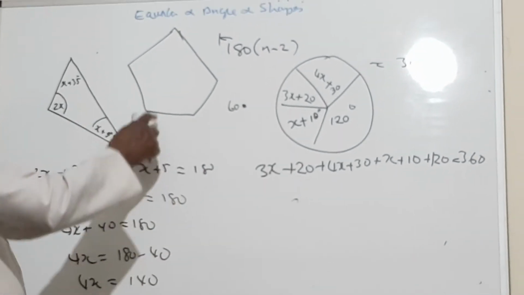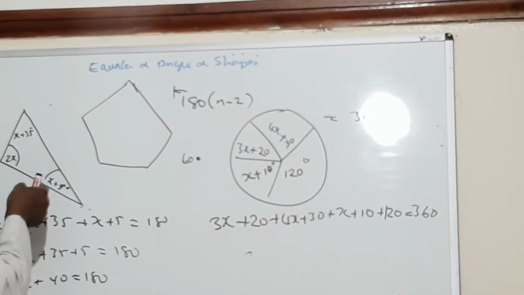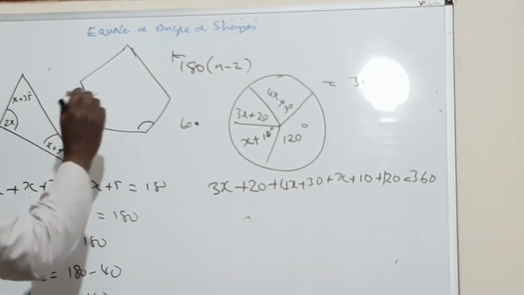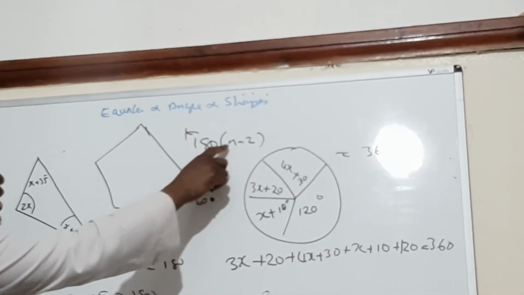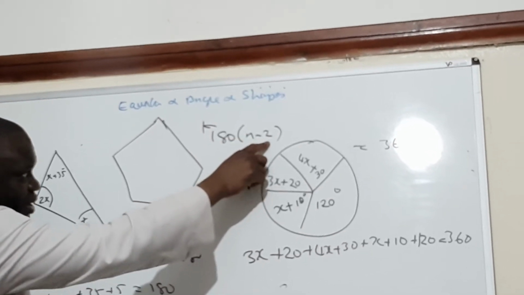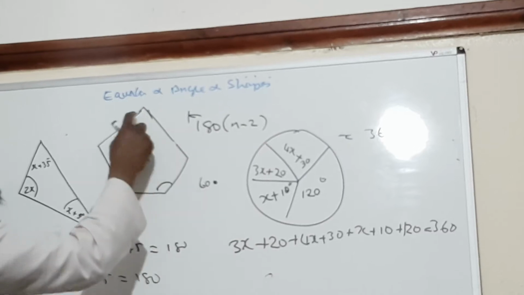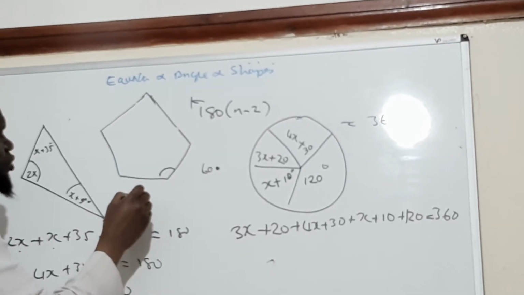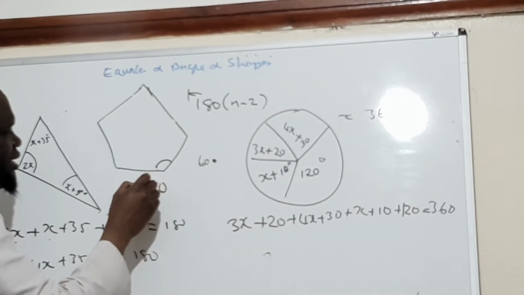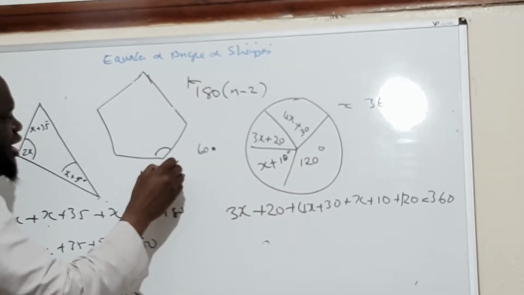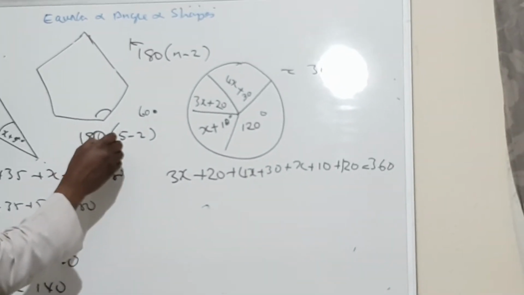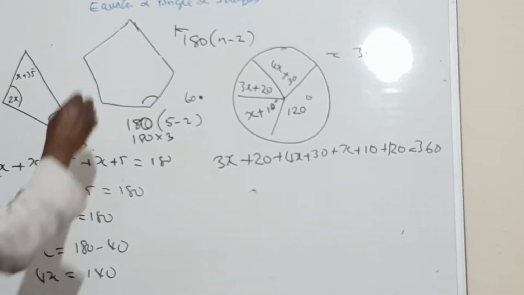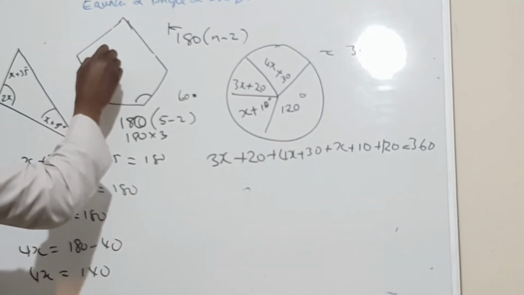So if you have a polygon and you want to find the angle sum, the formula is 180 times the number of sides minus 2. So if this has 1, 2, 3, 4, 5 sides, isn't it? So the total is 180 times 5 minus 2, so that's 180 times 3, which is 540 degrees.